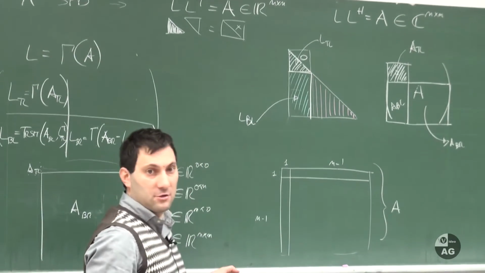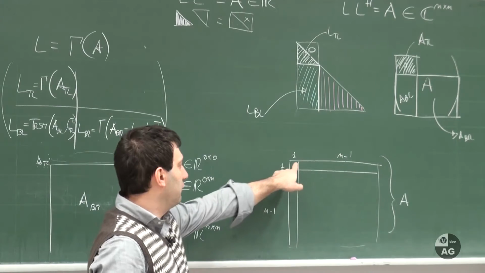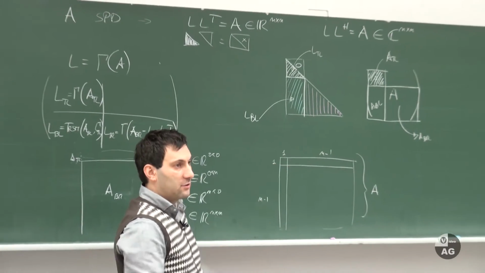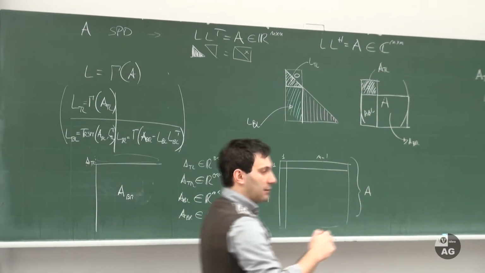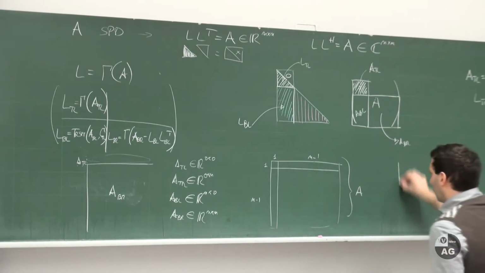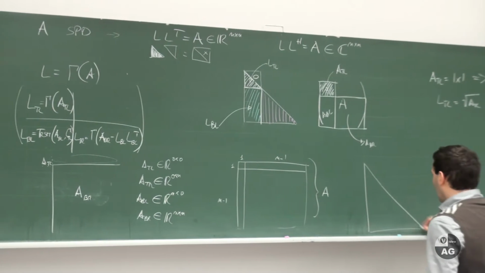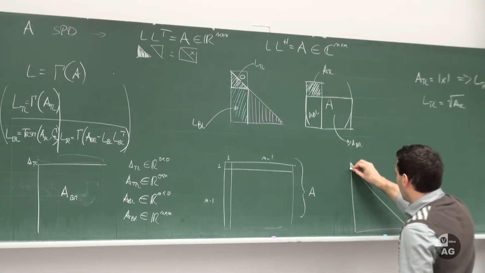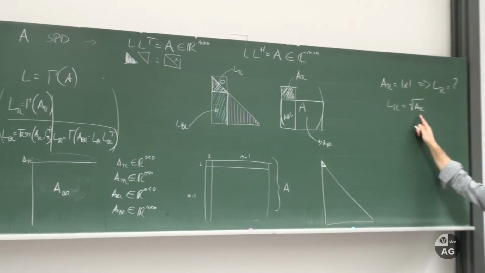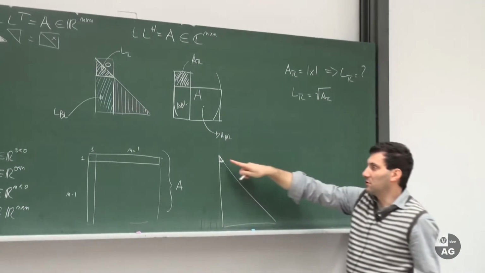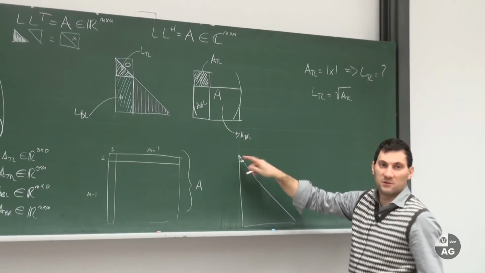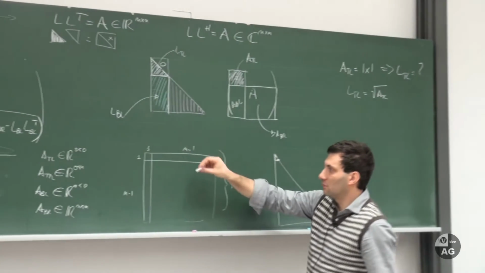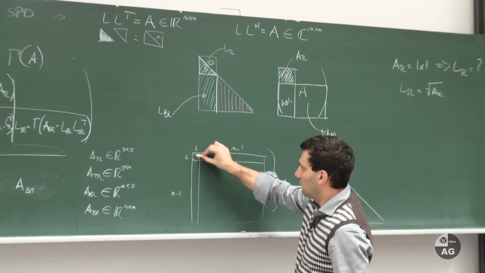And we have a relation, we know already that if we expose this thing, we can compute the corresponding L top left. So we can compute the corresponding corner in L. We just wrote it down. We know that L00, this first entry, is the square root of this entry here.